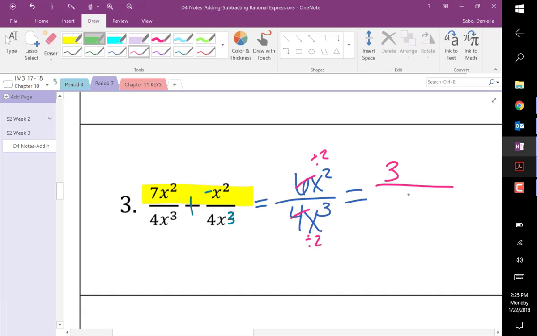So I have 3 on the top and 2 on the bottom. You're correct. Now, I have 2 x's on top and 3 on bottom. How many are left and where is it? I have 2 on top, 3 on bottom. I cross 2 out. How many are left and where is it? 1. Where is it? Bottom. Very good.